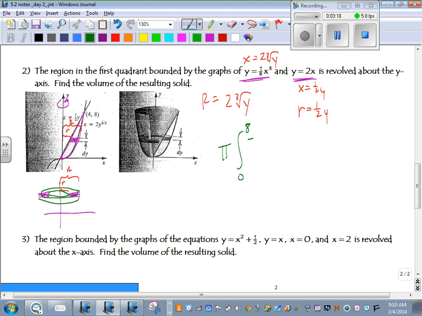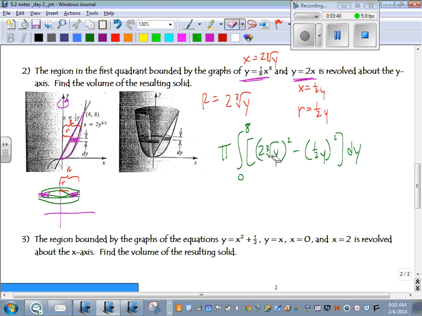Then on the inside, we have the big radius, 2 times cube root of y, squared, minus little radius squared, so 1/2 y squared, times the height, in this case dy. Now, it may help you to write this the way that they had it.